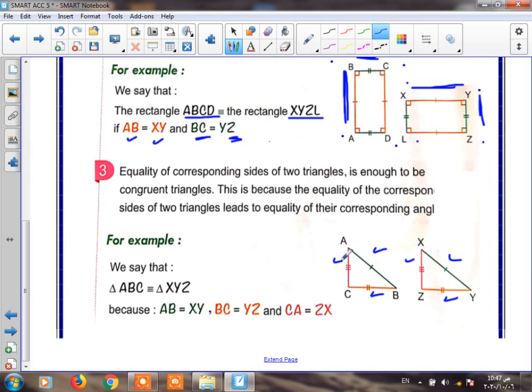Why? Because if the sides are congruent, the angles will be congruent also. This condition holds only in triangles: this angle equals this angle, and this angle equals this angle. Only in triangles it is not necessary to state both sides and angles; it is enough that all the corresponding sides of the two triangles are equal.